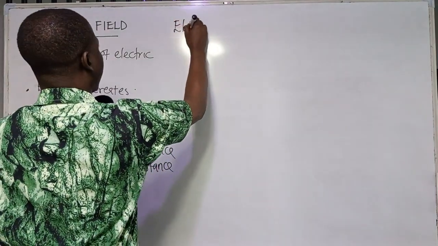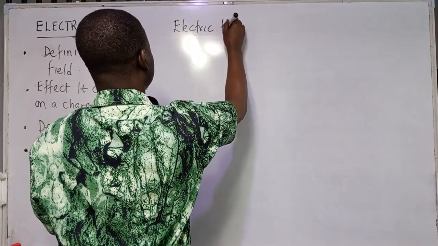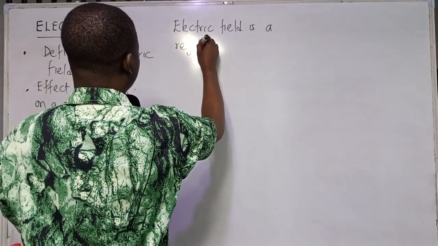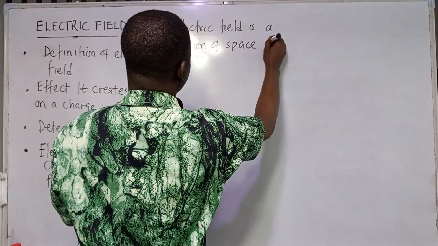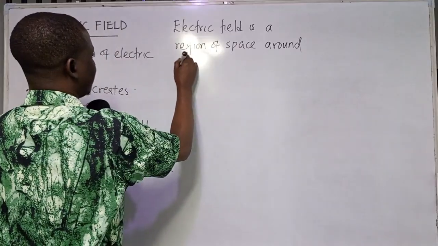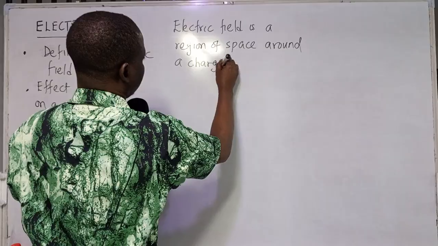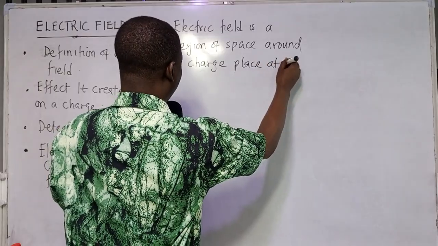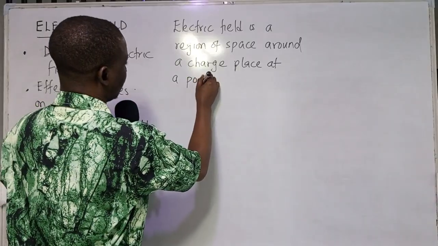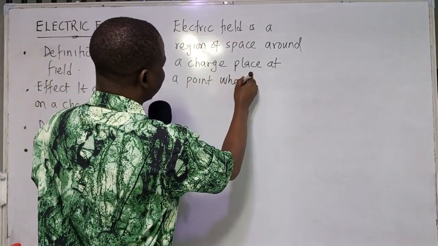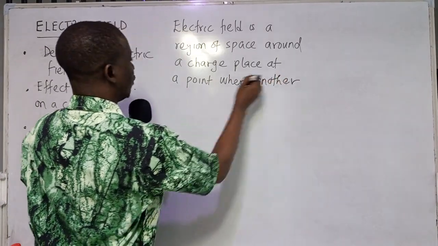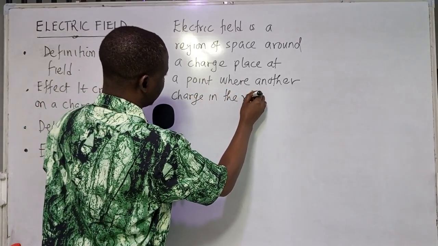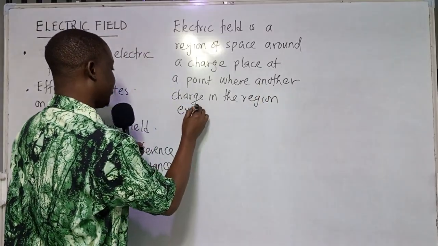Electric field is a region of space around a charge placed at a point where another charge in the region experiences a force.